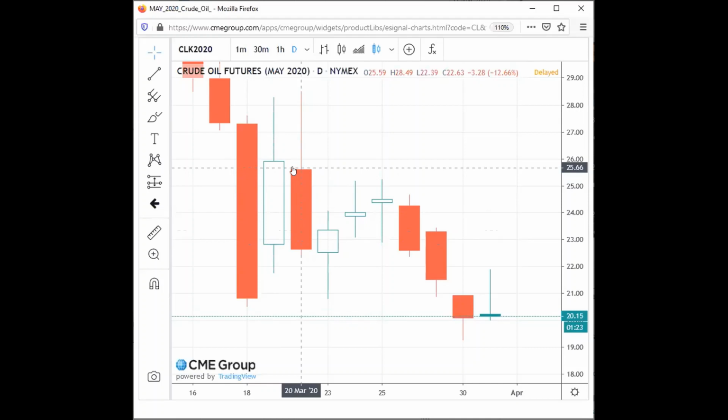If the candle is filled, in a black and white printer it will be black, and if that's black, then the trend is going to be downward.